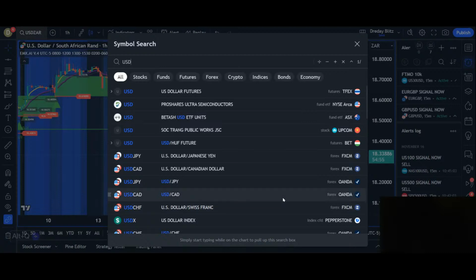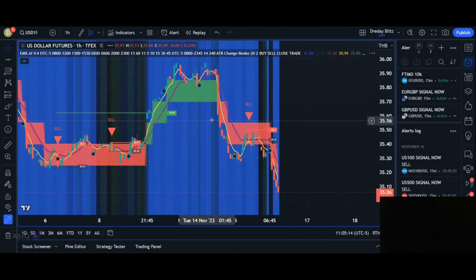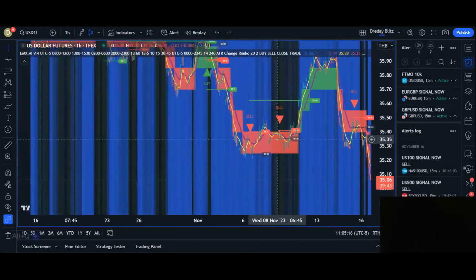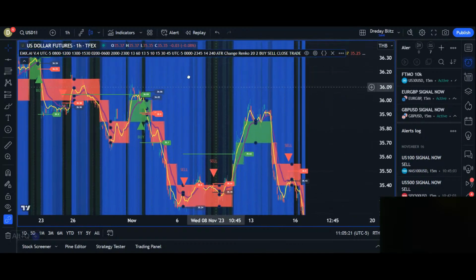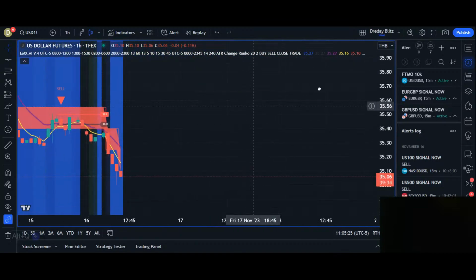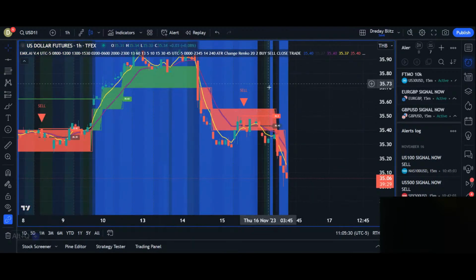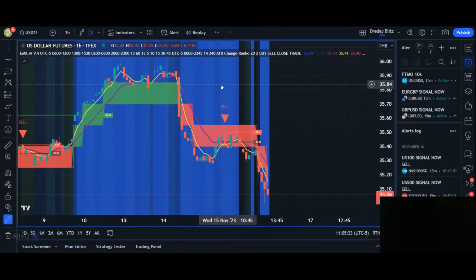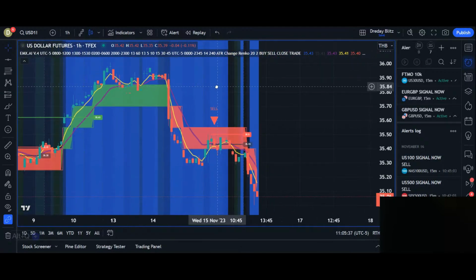Okay, you know what? I'm going to use a different feed because I don't have the Oanda one, but it doesn't matter, it's the same thing. So far right now the US dollar is currently tanking, meaning that anything against the US dollar should be bullish.